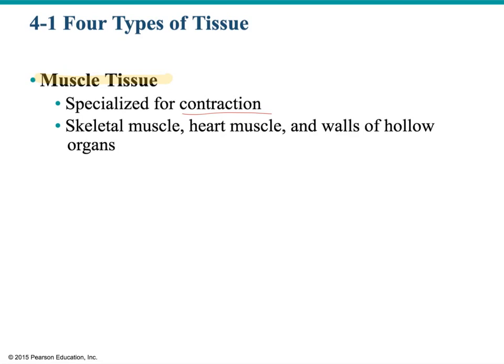You have skeletal muscle, muscles in the heart, and then muscles on the walls of hollow organs. You'll learn them as skeletal muscle, cardiac muscle, and smooth muscle. You find them attached to your bones, in your heart, and in the walls of your hollow organs, like the organs that contract, like your stomach and your intestines. So that's where you could find smooth muscle, in the walls of hollow organs.